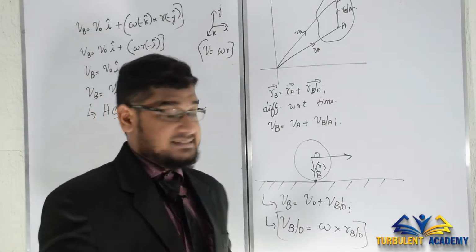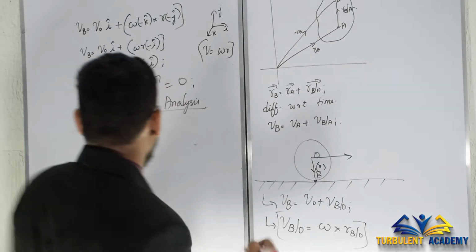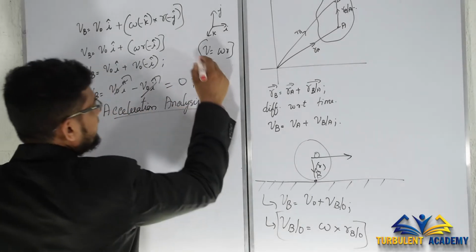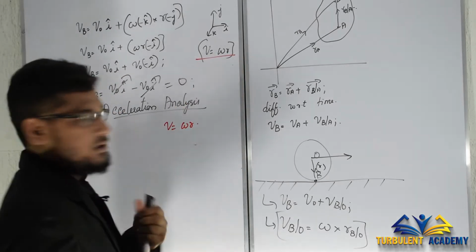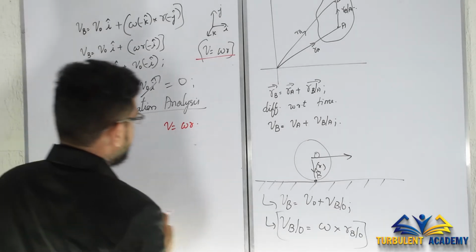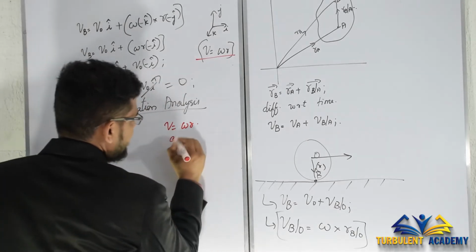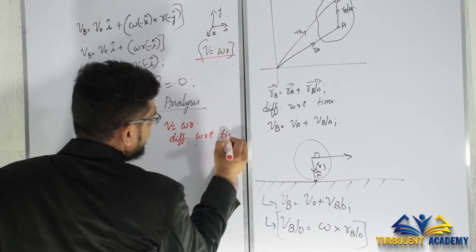Before going into acceleration analysis, I would like to derive a very small thing from V equal to omega r. We are all aware of it. Even this can be derived, but it's not required as of now. I'm going to differentiate this with respect to time.